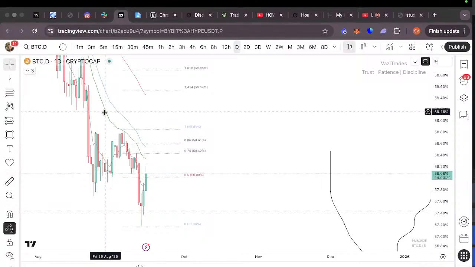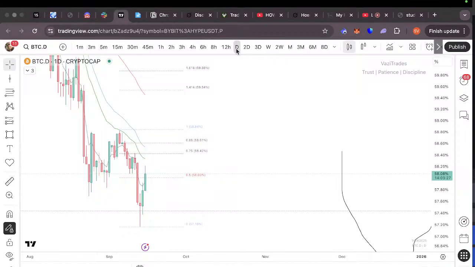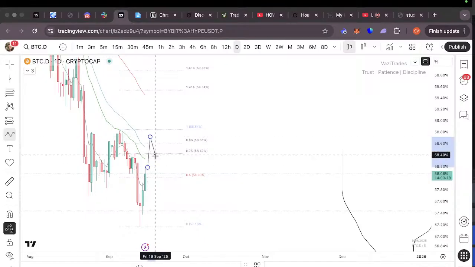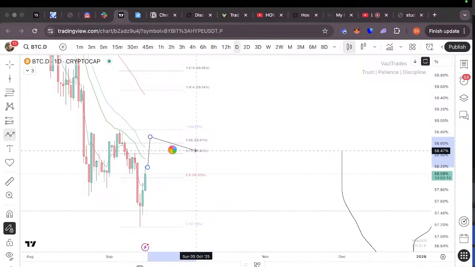Look, 0.86075 came exactly to these EMAs that I was talking about on a daily time frame, right? 20 and 26. So once we see Bitcoin dominance giving us a close above this 58.42, oops, sorry, my laptop is stuck.